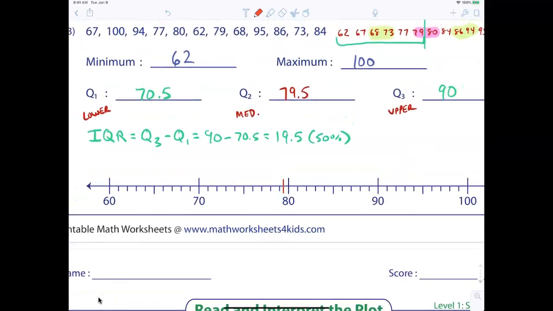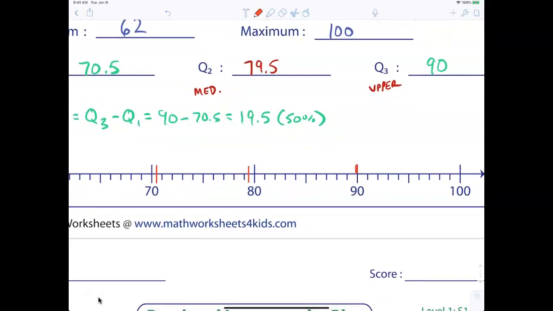Quartile 1 is what? 70.5. Max, you still with me? I'm drawing a great graph up here. 70.5 right here. And now the other one is at what? 90. So here we go. Now you're just drawing the box.